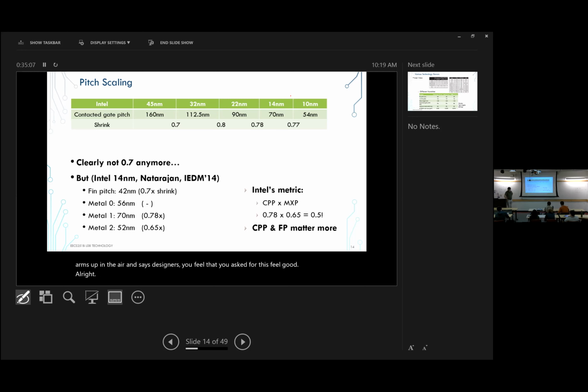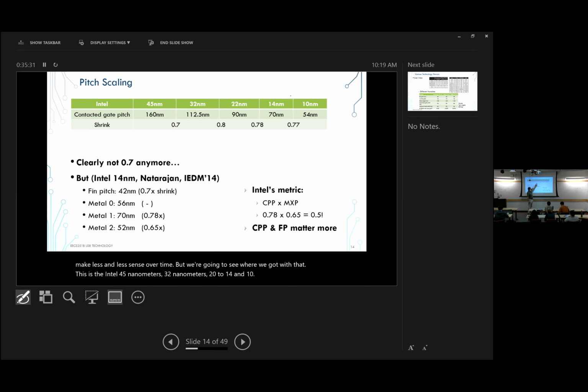So continuing with the pitch scaling, what we had mentioned before, and how that makes less and less sense over time, we're going to see where we got with that. This is Intel's 45 nanometers, 32 nanometers, 22, 14, and 10.